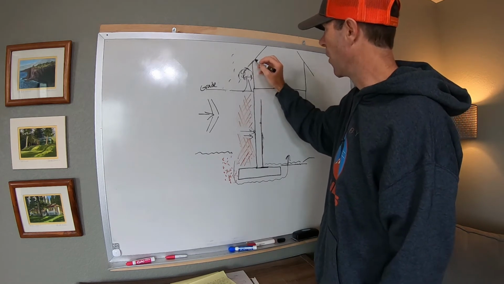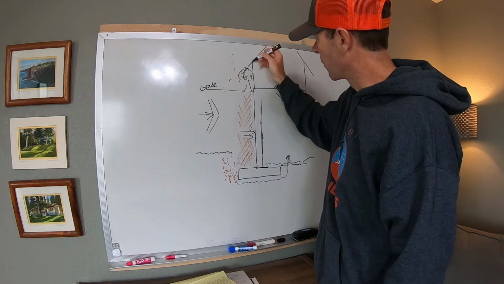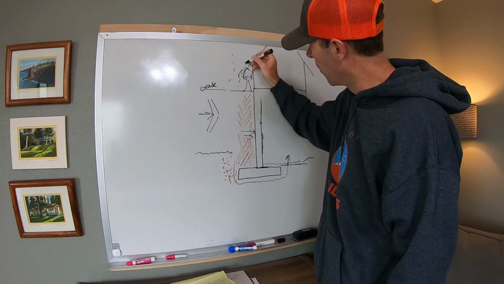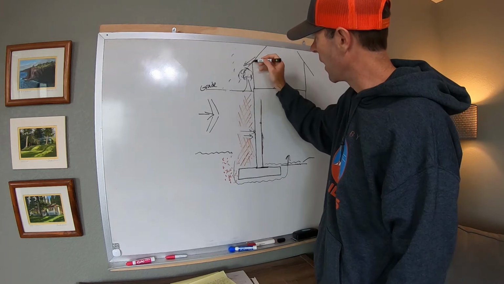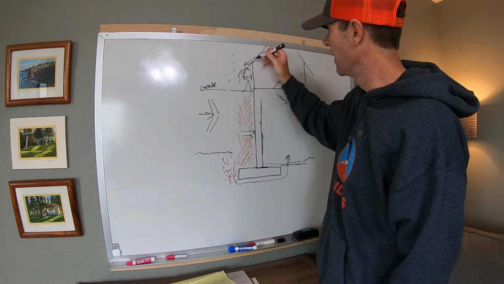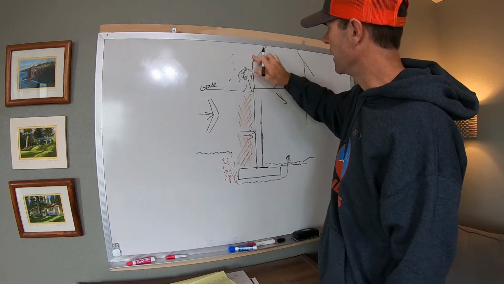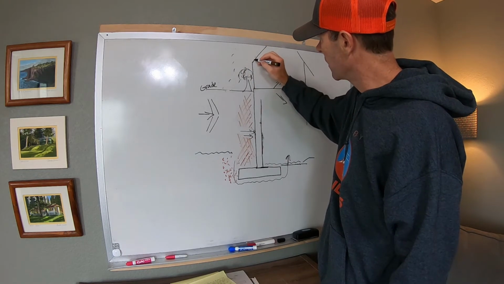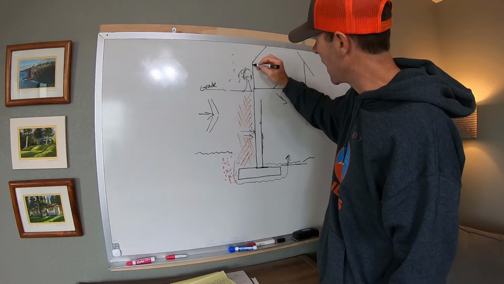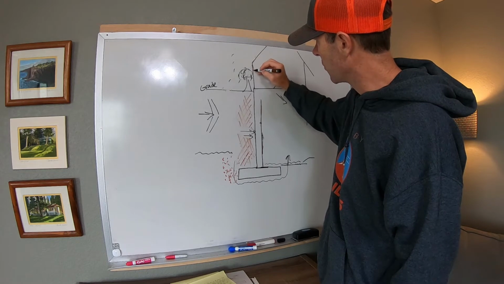We want that overhang to take water off the roof and literally run it away from the structure. We're trying to protect the wall itself. If you don't have the eave, you have water literally traveling down the side of the house where it's not being pushed away.